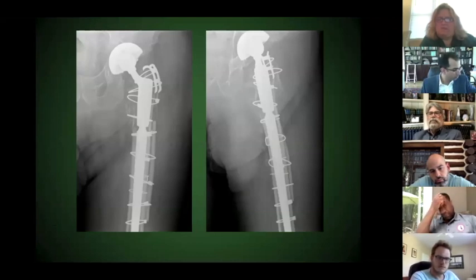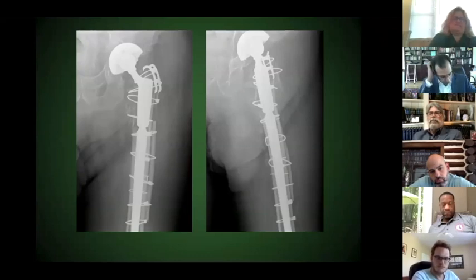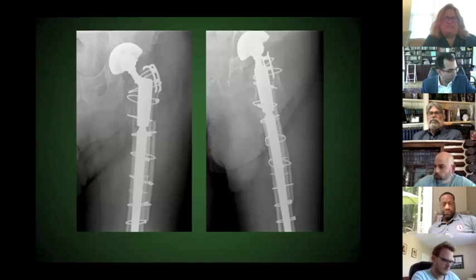Again, the benefit of revising him early with good diaphyseal fixation with his implant was the ability to have him weight bear as tolerated with a certain amount of certainty. I thought to myself, maybe I'm revising this B1, but I'm going to take advantage of this and get him up and walking as quickly as I can.